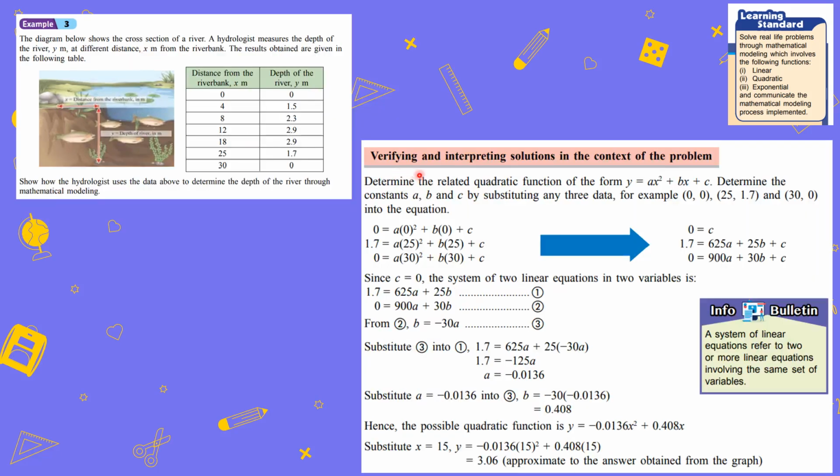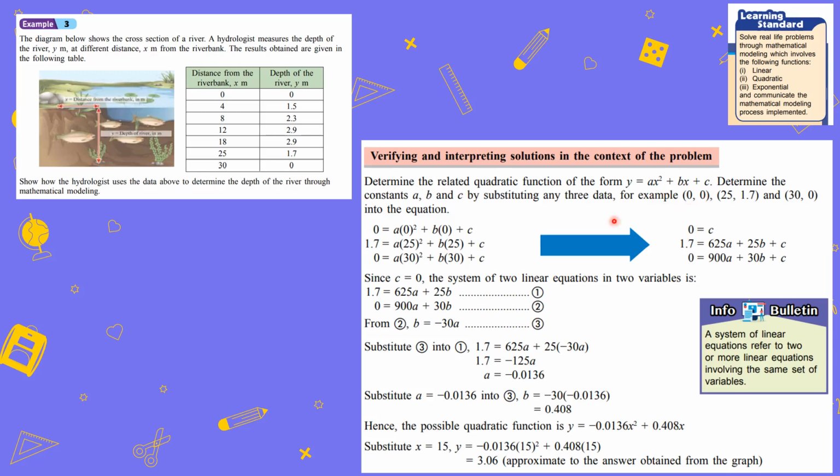So the next step is to verify and to interpret solutions in the context of the problem. From the graph just now, we know that it is a quadratic function graph, and this is the general form for the quadratic function. We do not know the value of a, b, and c, so we need to substitute 3 coordinates in order to get the value of a, b, and c.